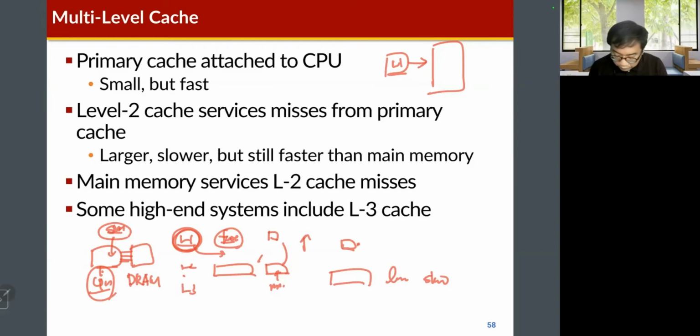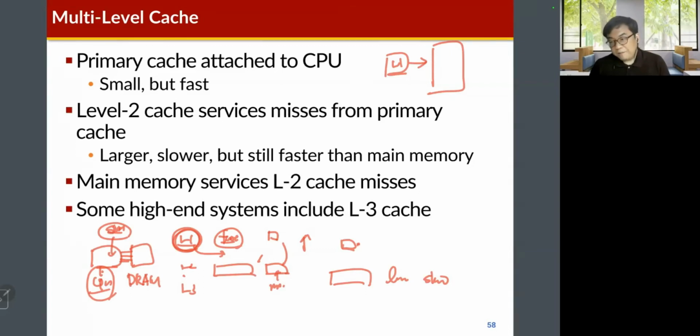If we use a very large single-level cache, then the performance of this cache will be low, which means the hit time is long, so the basic access latency is high.